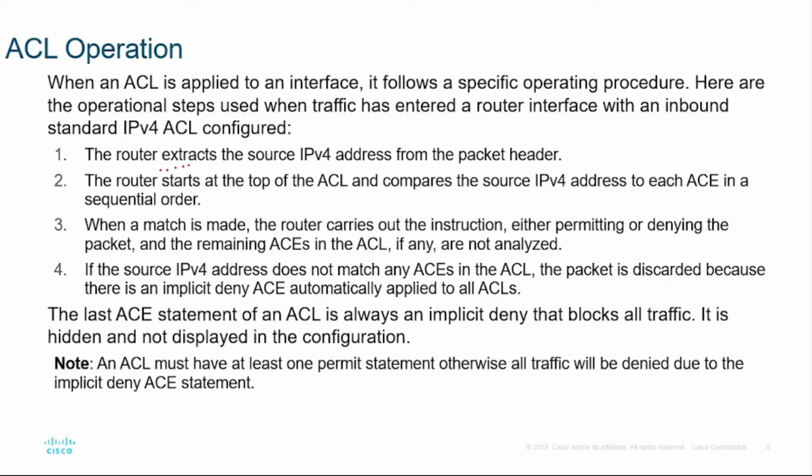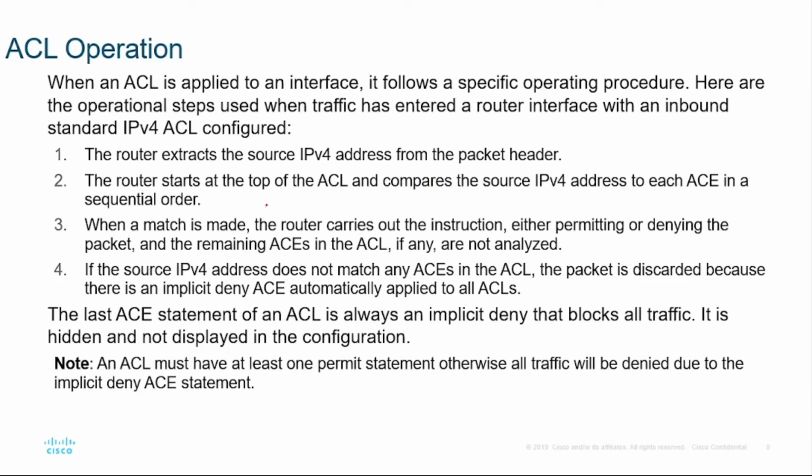Number one, since this is a standard ACL, the router extracts the source IP version 4 address from the packet header. So in the packet header, there is information there of the source IP version 4. This is to be extracted first by the router.